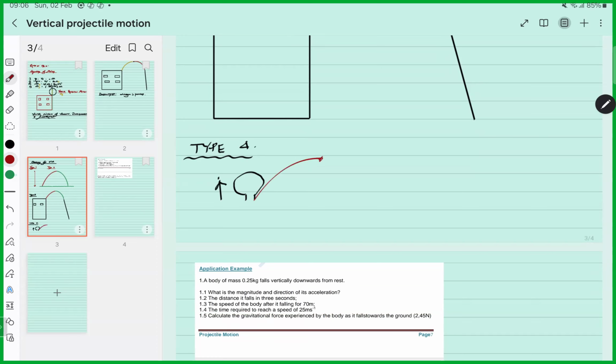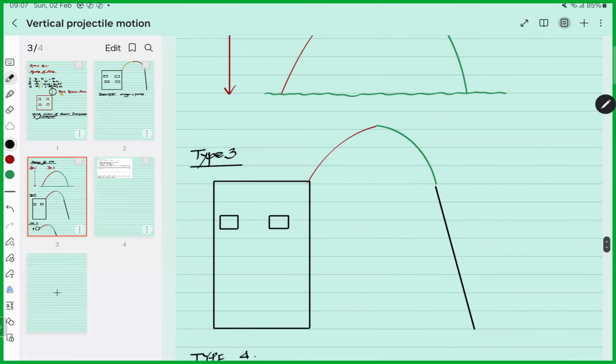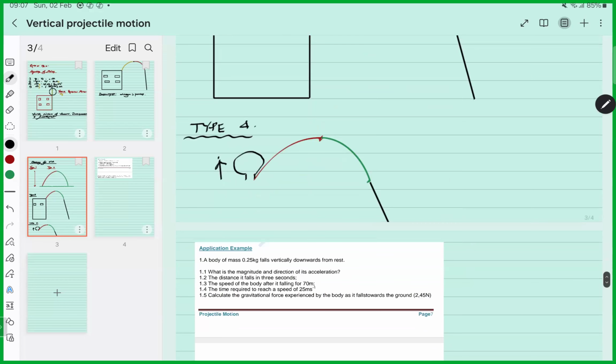It's going to reach maximum height. It's going to come back down to the same position, and then that object is also going to hit the ground. Now, if you look at type 4 and type 3, they're exactly the same. They're not anything different.